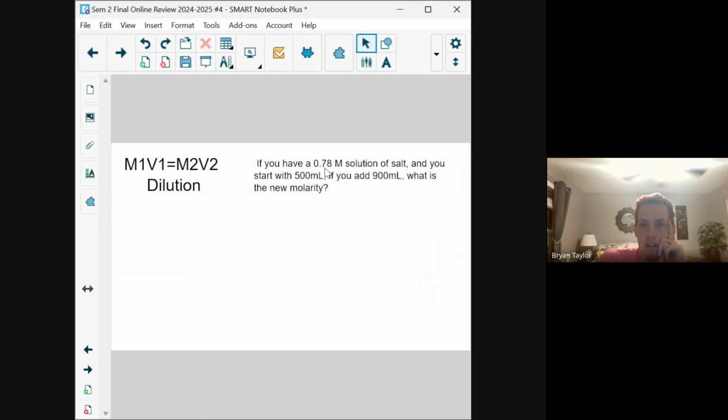So I see 2 milliliters. I see 2 molarities, even though this one's X because we don't know it. Yeah, we're definitely going from here. So it's definitely this one. It's definitely this one.